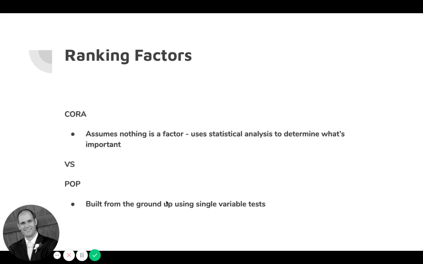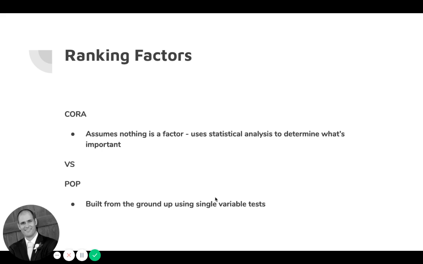That's versus POP. POP's been built from the ground up using single variable tests. Carl, within the SIA and on his own, has done literally hundreds of single variable tests where he's seen, as a basic example, that a title outperforms an H1 or an H2.